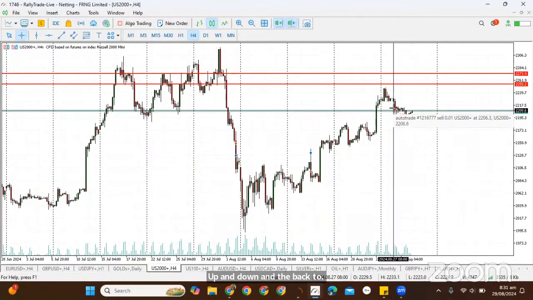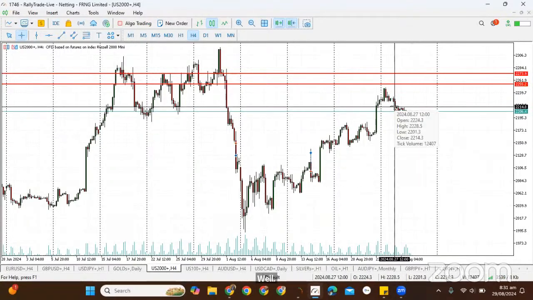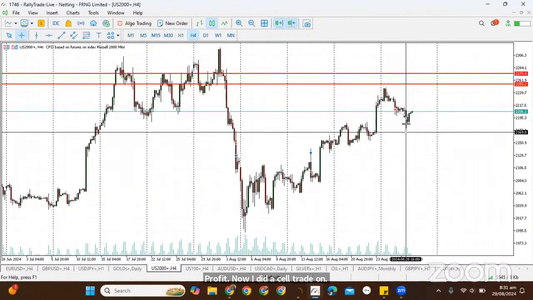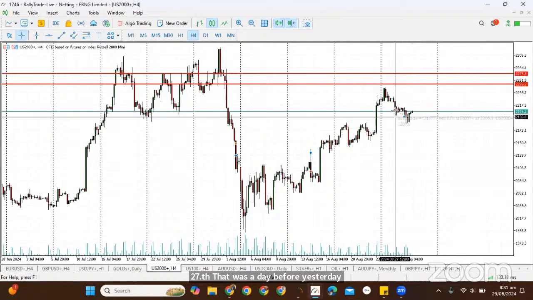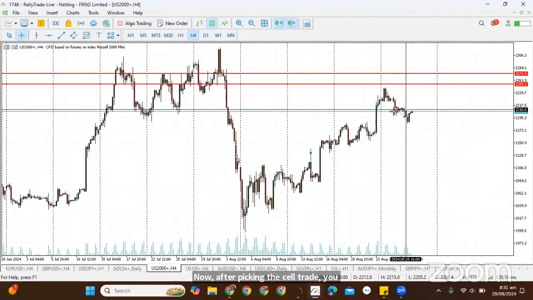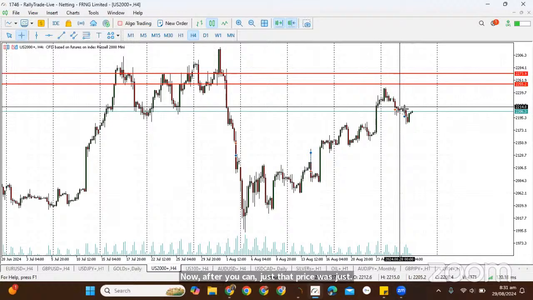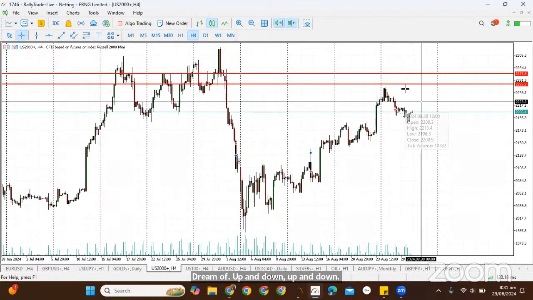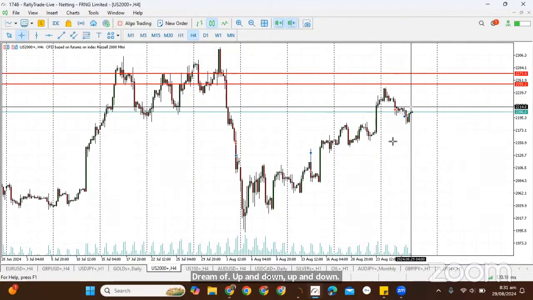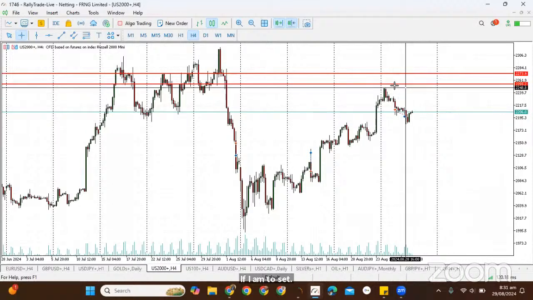Now, I did a sell trade on the 27th, a day before yesterday. After picking the sell trade, you can see that price was just doing more of up and down. If I am to set a stop loss, I don't set it at, let me put it above.